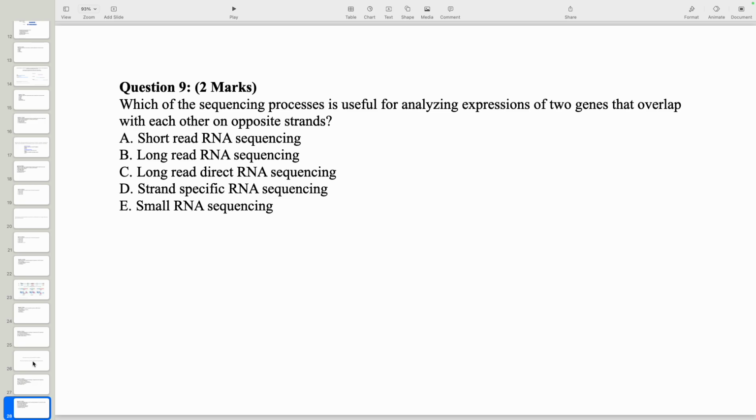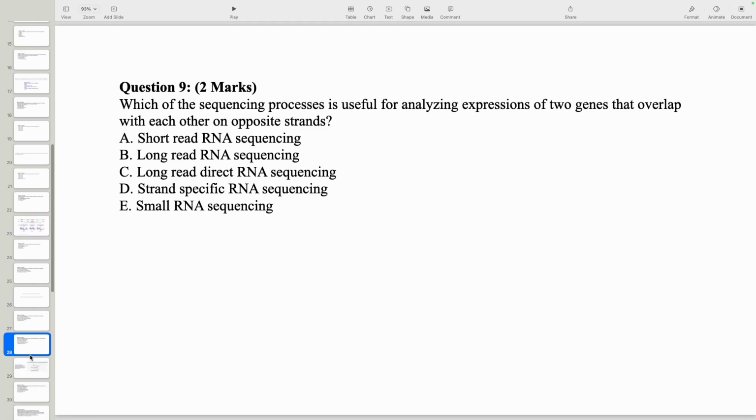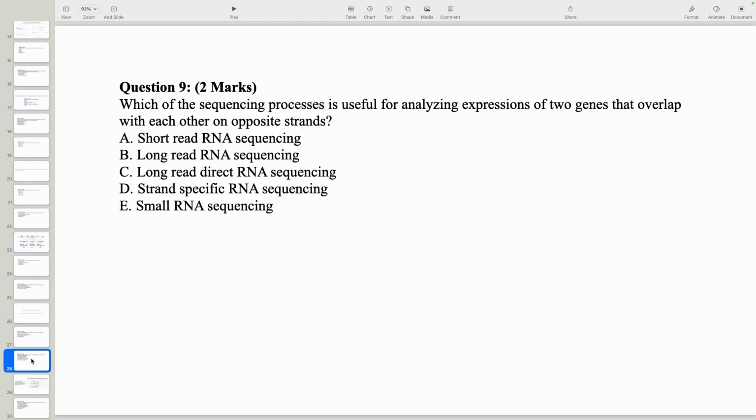Question number 9. Which of the following processes is useful for analyzing expression of two genes that overlap with each other on the opposite strand? Please go through this question and try to answer it. We know that there are two strands of DNA.